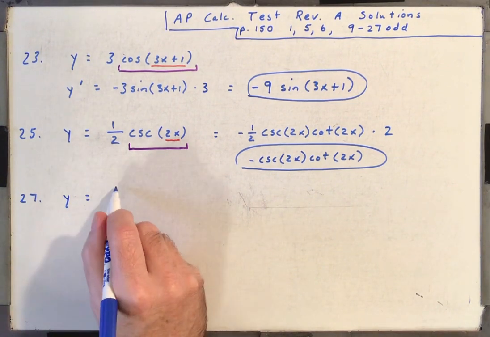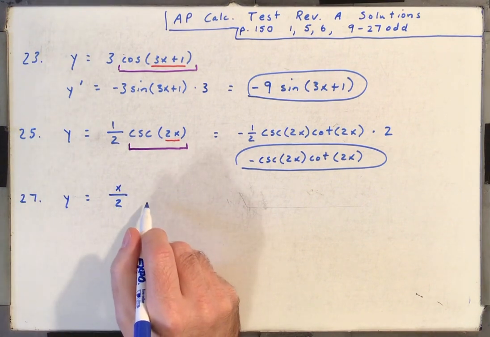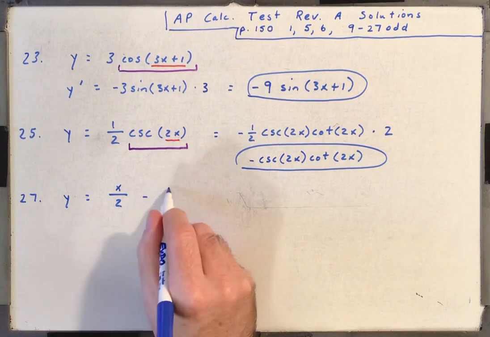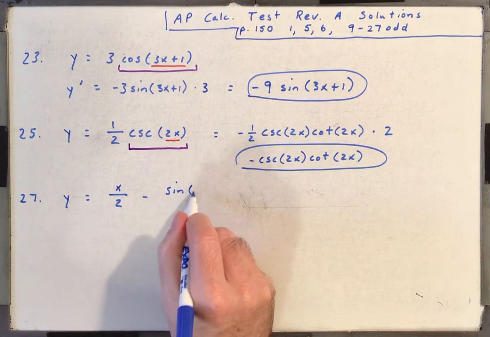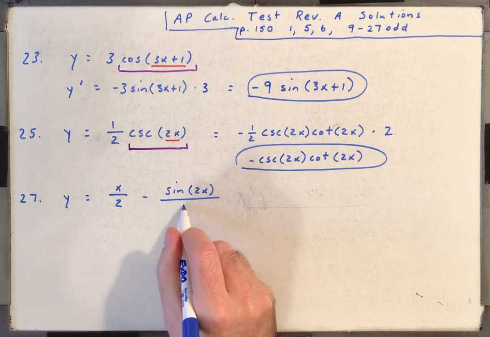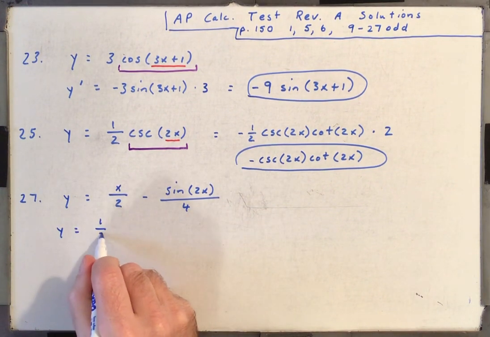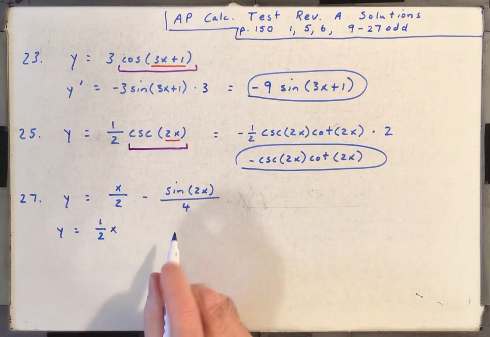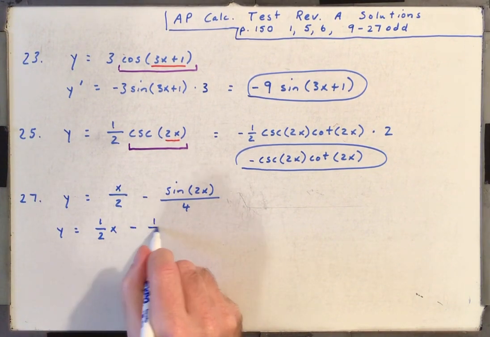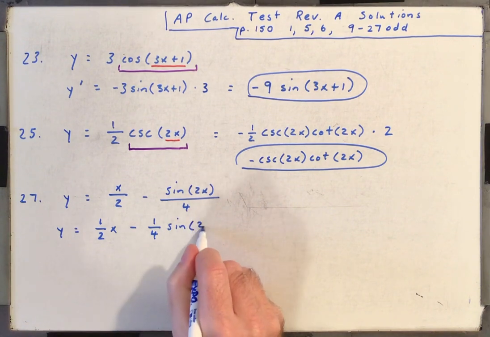All right, we have x over 2 minus sine 2x over 4. Well, I'm going to rewrite this a little bit. X over 2 is 1/2 x. And then it'd be minus 1/4 sine 2x.